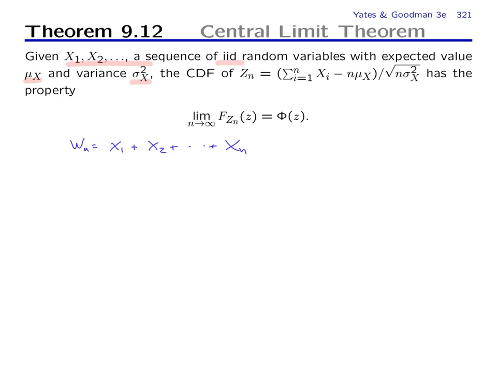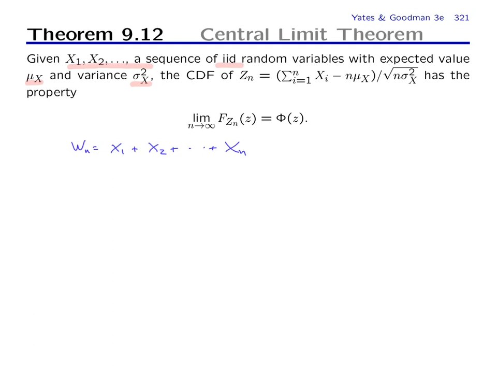What we'd like to do is to describe the PDF of W_n as n gets large. And the central limit theorem gives us an answer to this. But first we have to normalize W_n by subtracting away its expected value and dividing by its standard deviation.